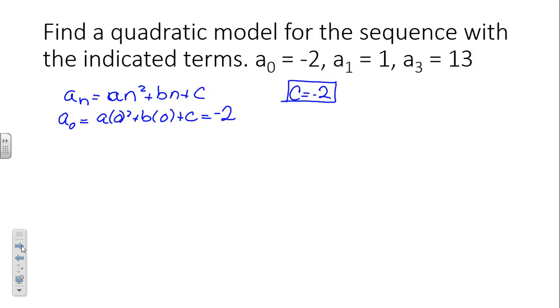Okay? What else did they give us? First term. So the first term means everywhere we see n, we're plugging in a 1. So a times 1 squared plus b times 1 plus c has to be equal to our first term, which is 1.